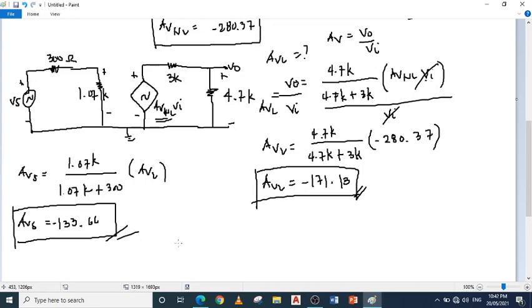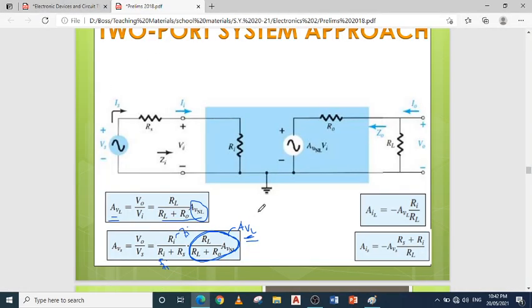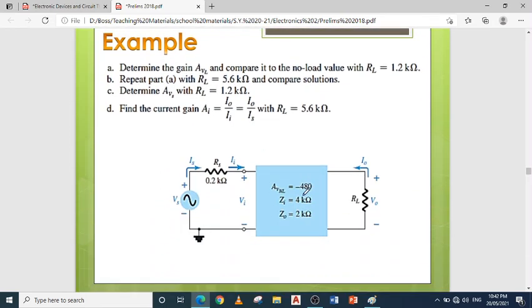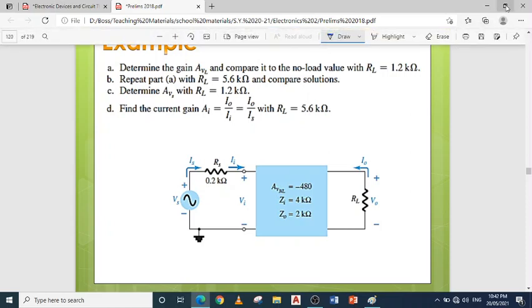So, ano bang next? Two-port system. Okay. So, ito naman. Okay? Determine the AVL, okay? And compare it to the no-load value with RL. Okay? So, let's just compute siguro ito.